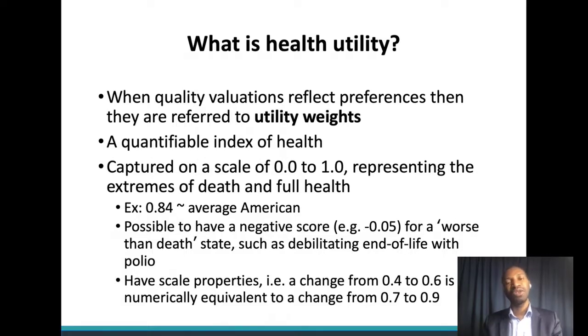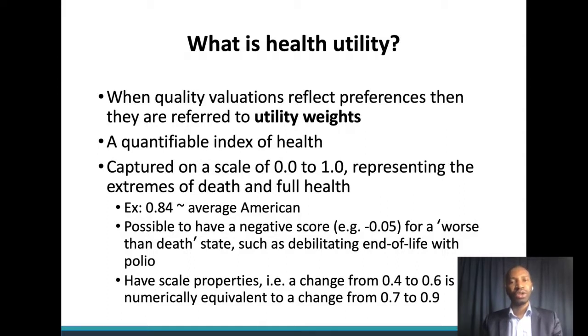For example, the average American has a utility of 0.84. It is possible to have a negative score, for example, minus 0.05, which could represent a state worse than death, such as debilitating end of life with polio.